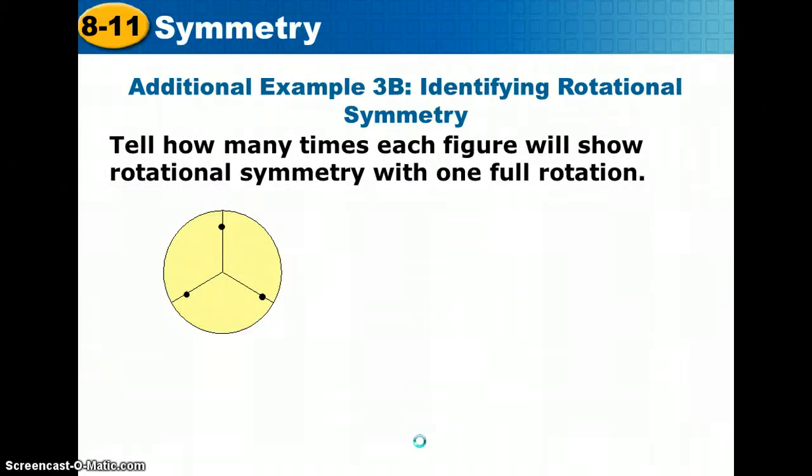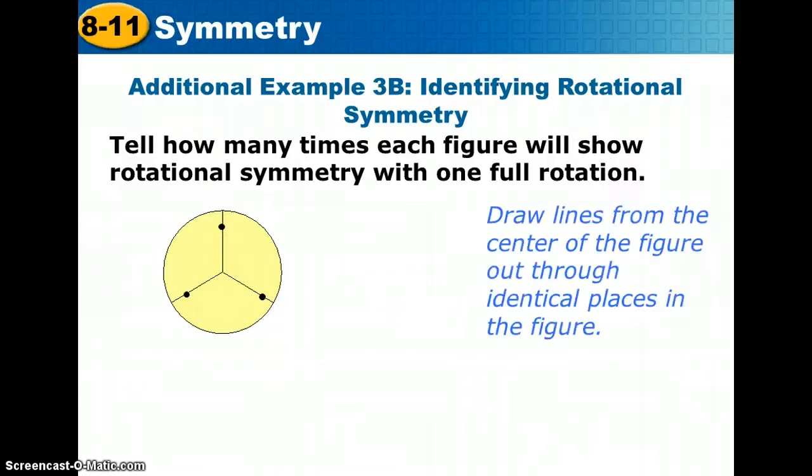So how many times will each figure show rotational symmetry with one full rotation? Let's see what this one tells us. When I draw my lines from the center of the figure out through identical places, I've cut this into 3 pieces, haven't I?